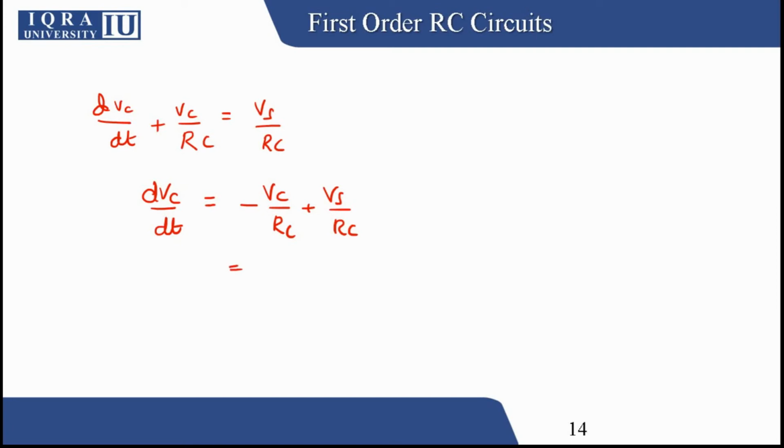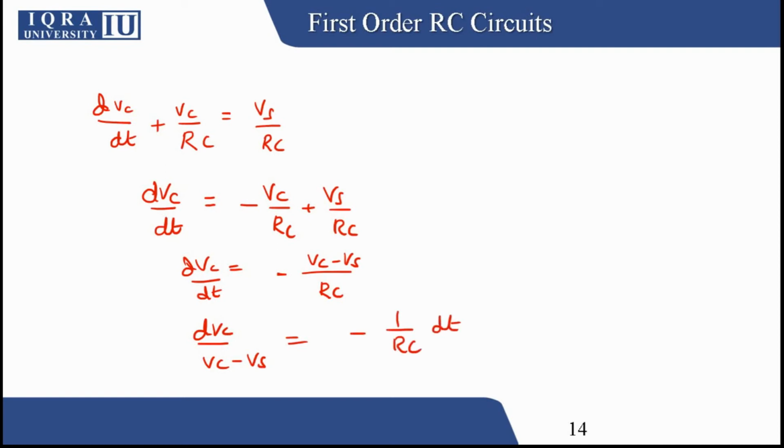And if we take Rc as a common LCM, we have Rc and we have Vc minus Vs. So dVc divided by dt, and then we can say dVc divided by Vc minus Vs equal to minus 1 over Rc dt.